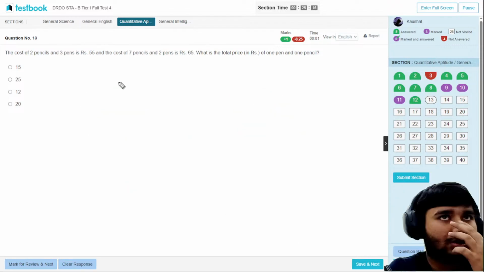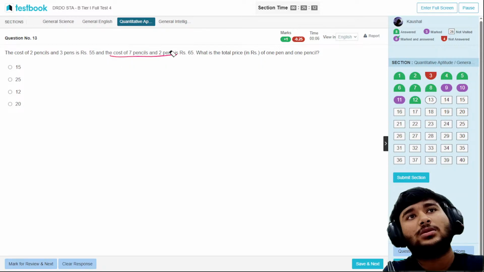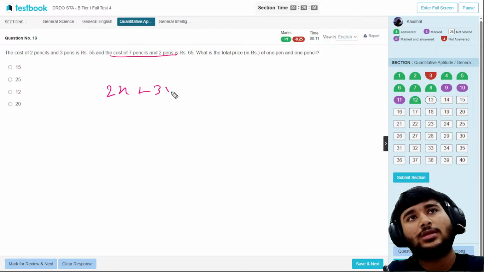The cost of 2 pens and 3 pencils is 55, and of 7 pens and 2 pencils is 65. 2x plus 3y equals 55. 7x plus 2y equals 65.